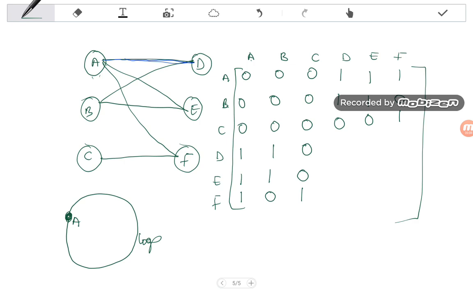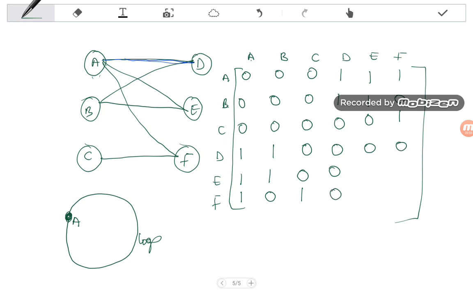Okay, then we move on to D. Let's move step by step. D to D, there's no loop, so I have 0. Then D to E, there's no link, so I have 0 here, therefore 0 there. Then D to F, there is none, so I have 0 here, therefore 0 there.